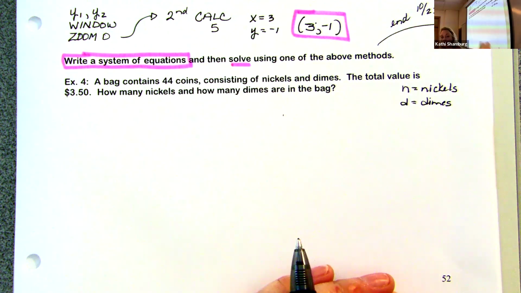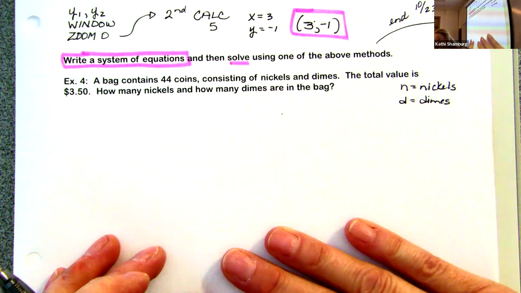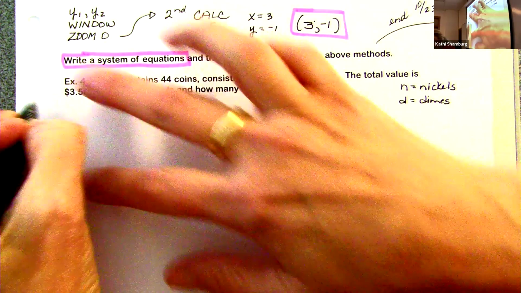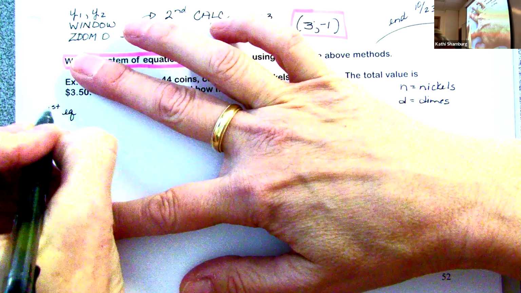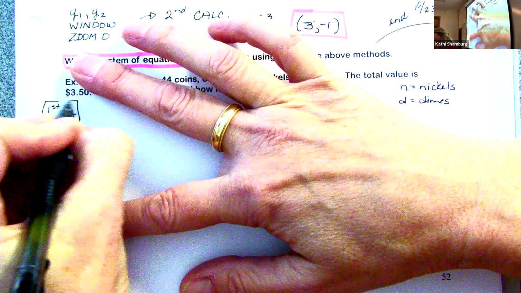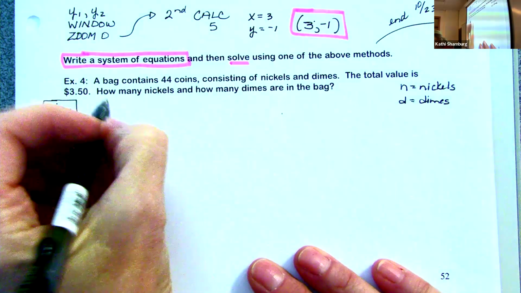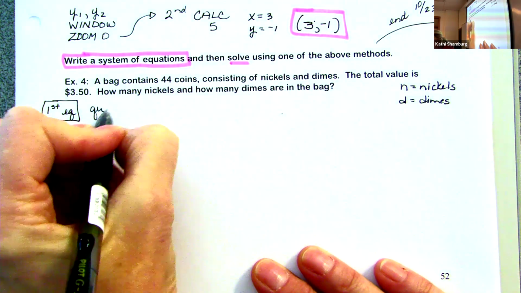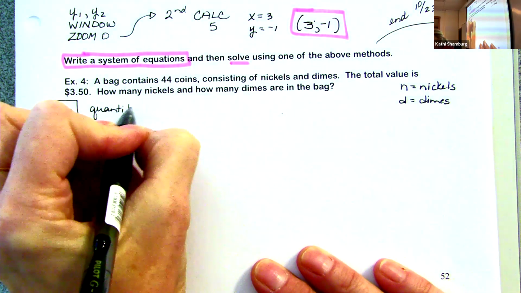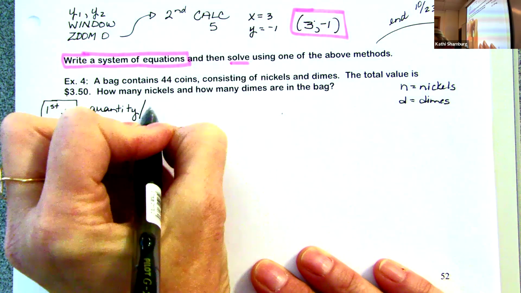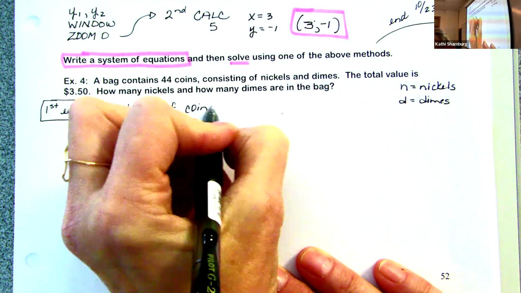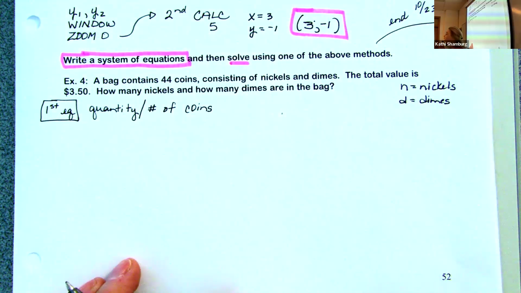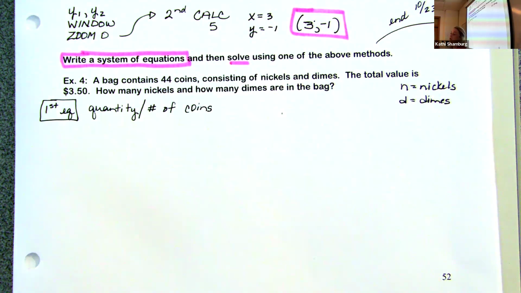Okay. When you're dealing with a problem like this, here is my hint. All right. Your first equation is going to deal with quantity, which means the number of coins. Only quantity, not their value. Just, hey, I have 10 coins.